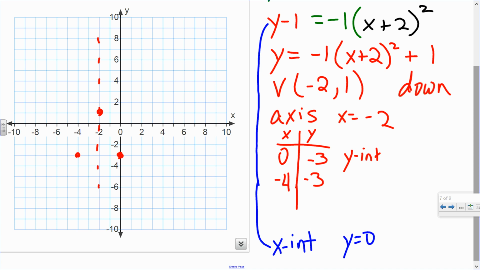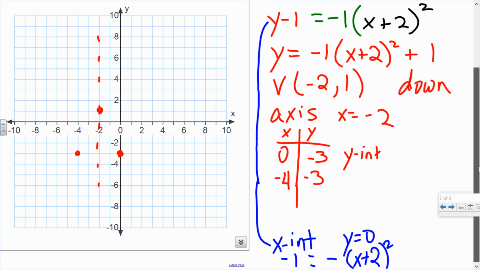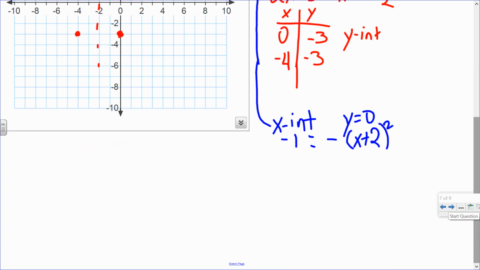So that means I have minus 1 is minus x plus 2 squared. All I've done is put a 0 in for the y. And I'm going to solve that. If I multiply both sides by negative 1, 1 is x plus 2 squared.